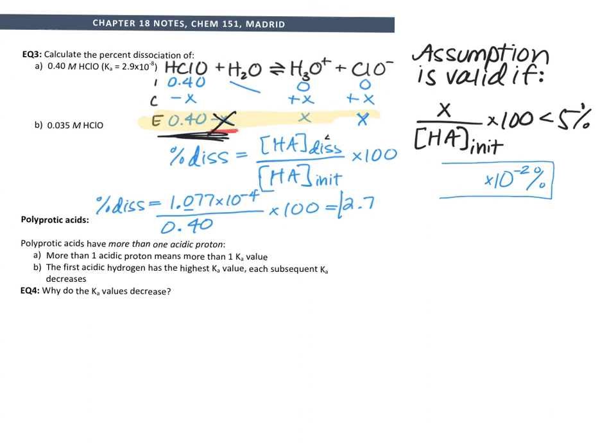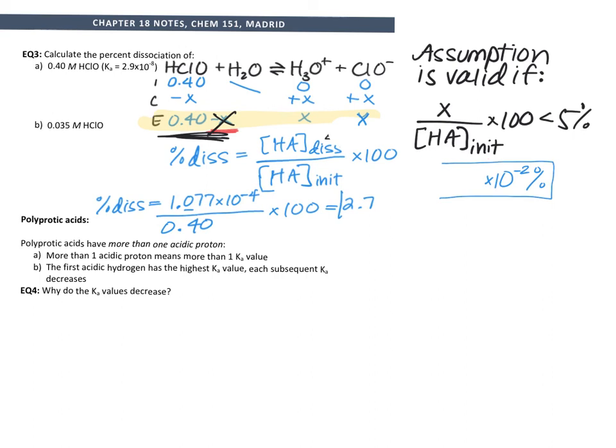Well, I can already tell you it is based on this equation right here. This equation is essentially x over my initial concentration. But this is the formula that you're going to be using in general in class. It's going to be your x, or your change, is going to be less than 5% of the initial.